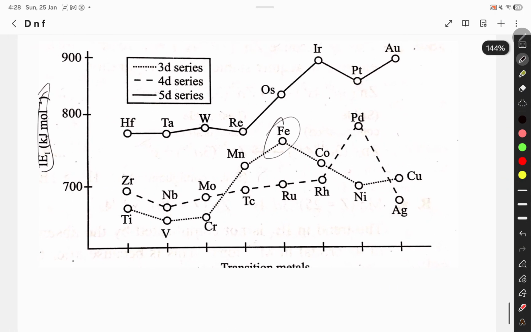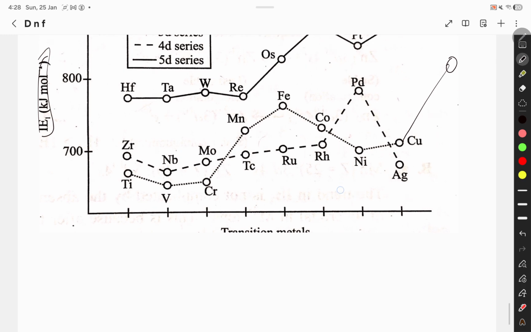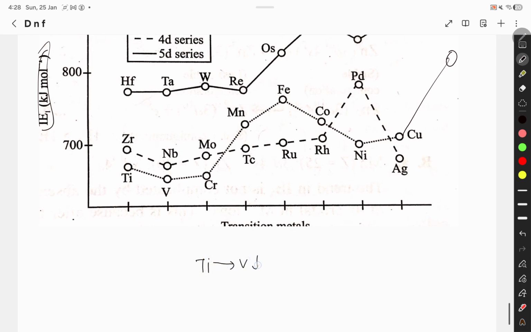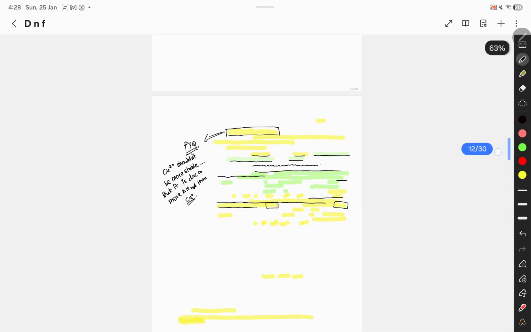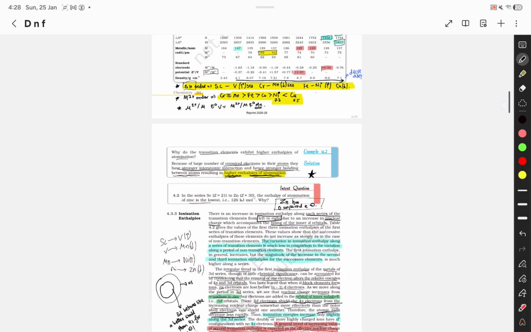So this order comes in legit, but the zinc part should come a little higher. So Ti to V it decreases, V to Cr it increases, Cr to Fe it increases, Fe to Ni it decreases, and then Ni to Zn it increases. So it's a weird order. Hopefully, I don't have to remember it.